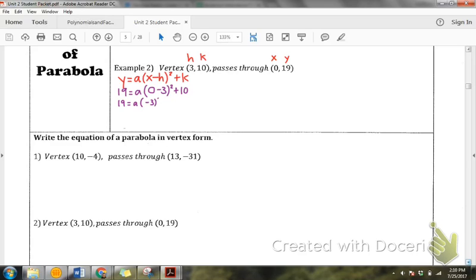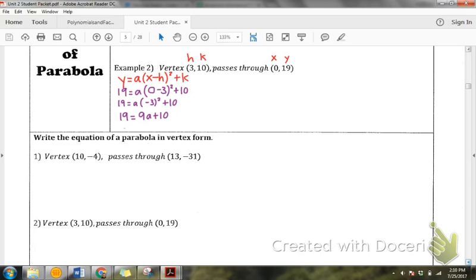Negative 3 squared. A negative squared is a positive, right? So we have 19 equals 9a plus 10. You should be there. Okay, keep going.